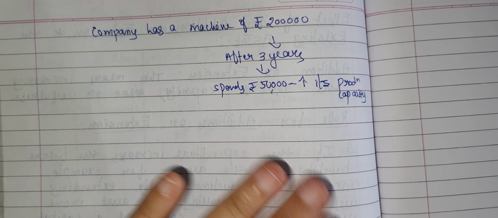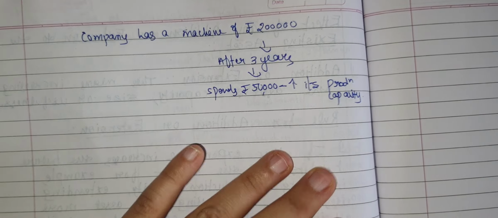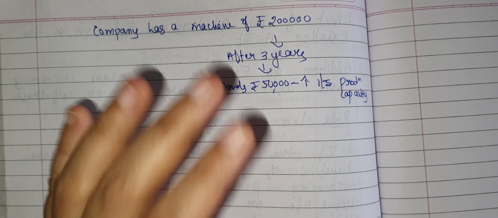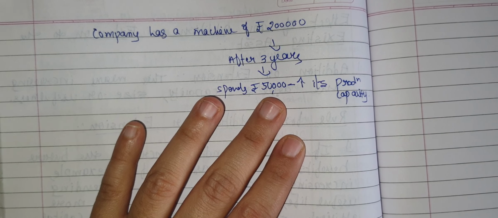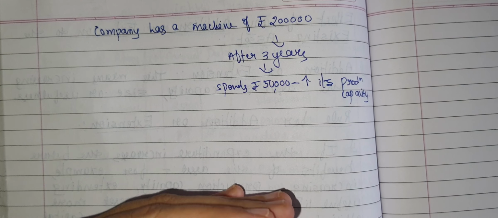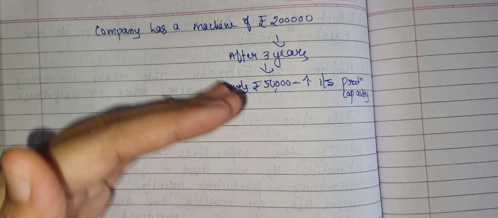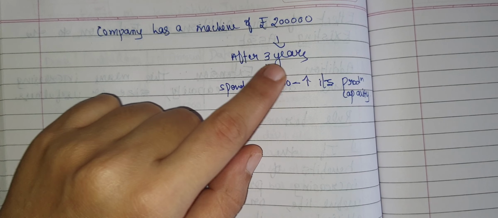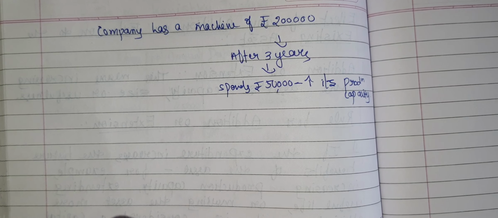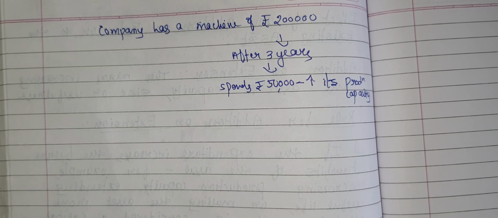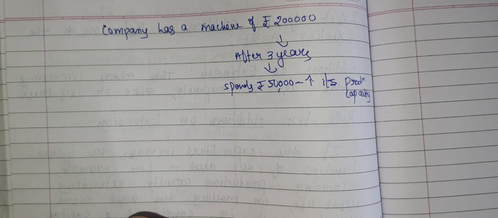Clear? Till here it is clear, right? So here the rupees 50,000 is not an expense. It is not an expense because it is future oriented, as it is going to increase the production capacity, right?